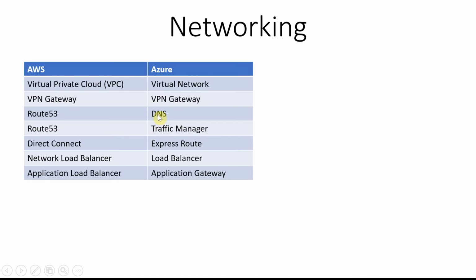Then if you go further on the global networking side, these are all within your network boundary, or for example within your region. But let's say you have a broader set of regions or multiple regions, then Traffic Manager is another thing, which plays the role of a Route 53 equivalent on the Azure side.